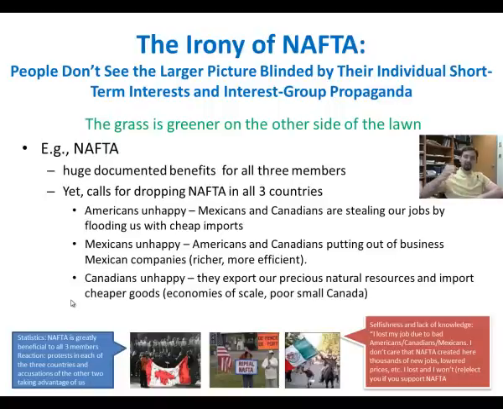Well, if each of the parties claims that the other 2 benefit and I'm the one who's losing, obviously this argument is logically incoherent, because it's impossible. And so the truth likely is that all 3 countries benefit, but then obviously there are some segments of the people in each of the 3 countries who lose, and so those tend to be much more vocal, and so as a result the public is a little misinformed about the consequences of such a union, and as a result we hear only about the negatives but hardly ever hear about the positives, which may create an impression that we are losing and the other ones are winning.